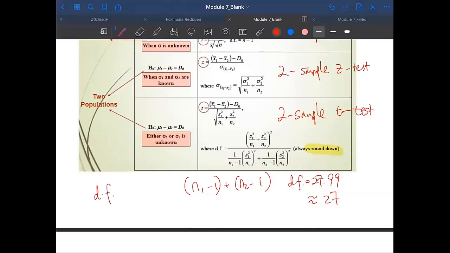So as long as the degrees of freedom you calculated here is not too different from the sum of n1 minus 1 plus n2 minus 1, then that means you are on the right track. Okay, if your calculated degrees of freedom is 1, and this sum happens to be 20, then maybe your calculation is not right. So this is a way for you to check. I know this is a complicated calculation, so make sure your calculation is right.